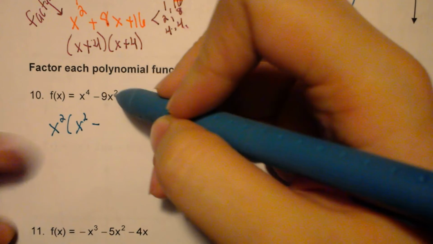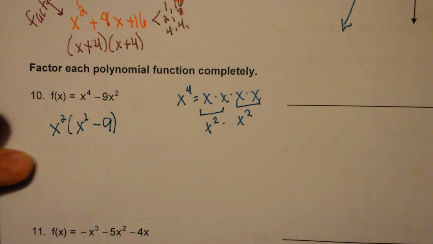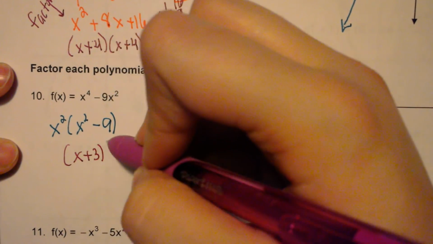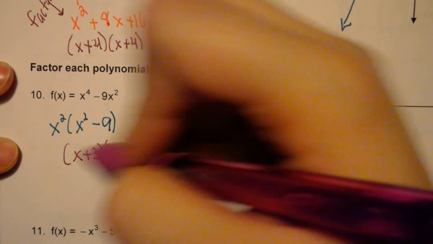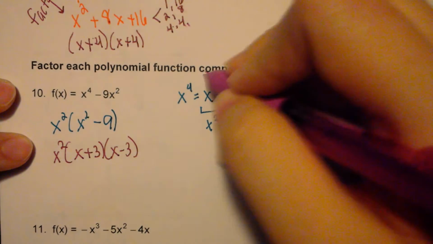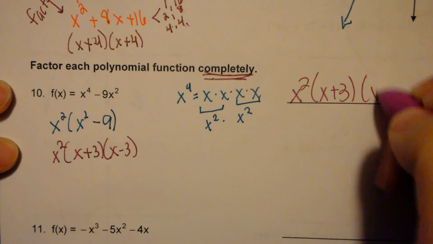Then if I take an x squared out, I'm just going to have 9. And so on the previous problem, on number 8, we said that x squared minus 9 was x plus 3, x minus 3. So my complete factorization, because it says completely, is x squared, x plus 3, x minus 3.